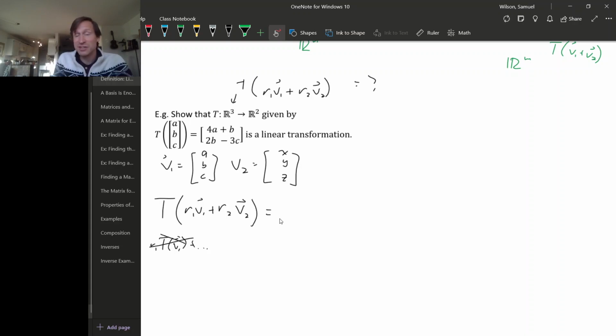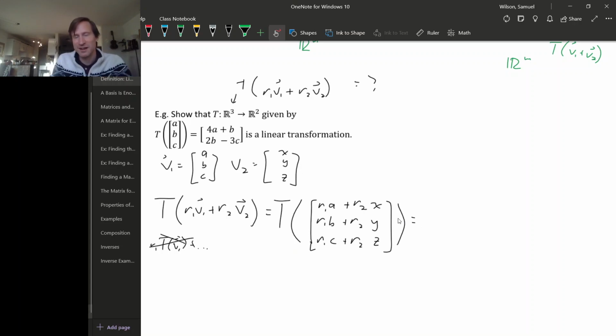So to actually compute what T does to this vector, we have to write down exactly what this vector is. If you do the vector operations, you get R1A plus R2X for our first entry, R1B plus R2Y for our second entry, and R1C plus R2Z for our third entry.